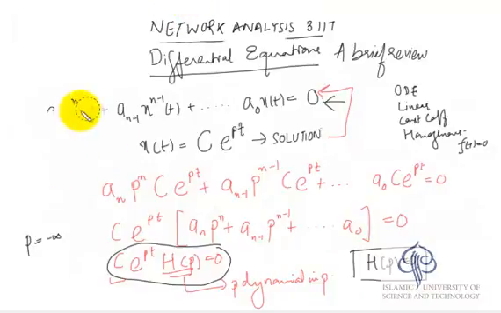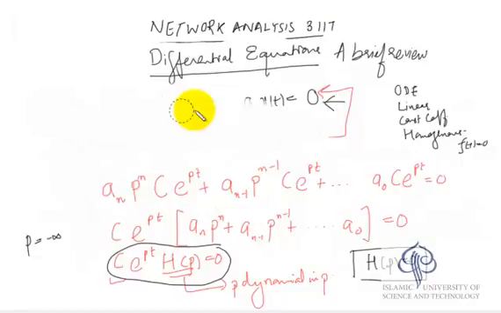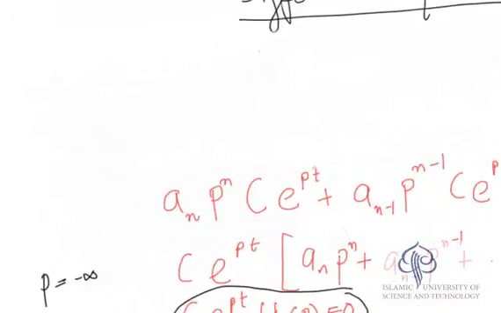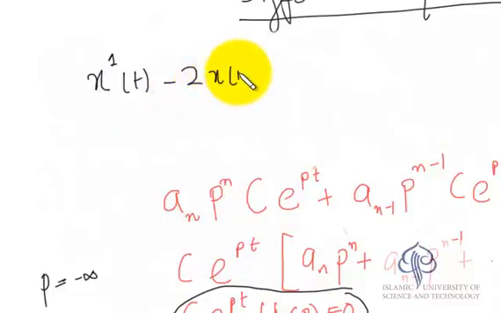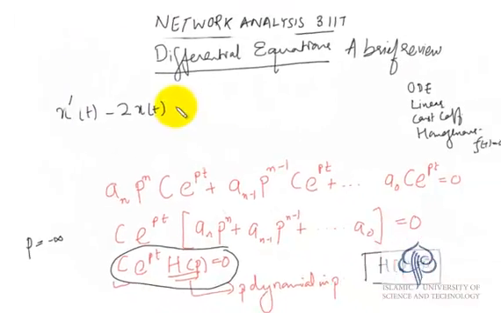Like for example, in case you have a simple differential equation given by x'(t), first derivative, minus 2x(t). You can also write this as x' minus 2x is equal to 0.